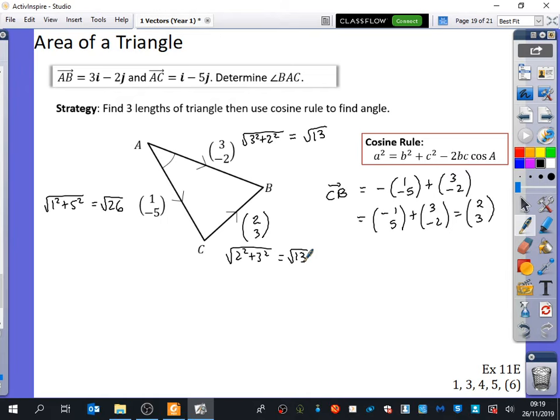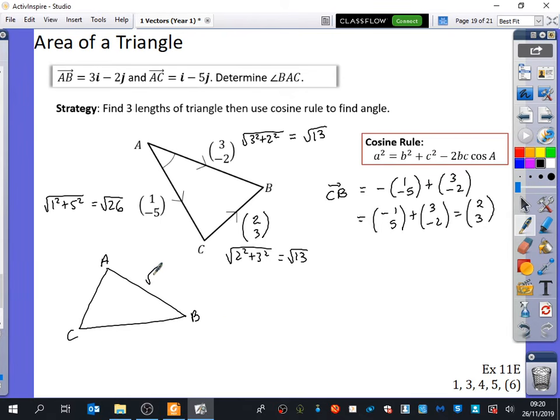Now the diagram, in my opinion, is looking pretty busy, so I would like to draw a new diagram that doesn't have all of that information on. I would just like to draw a diagram like this. I don't care if it's this shape of triangle, if it looks like an isosceles or an equilateral, it doesn't really matter because it's just a visual aid for what we're doing. So we've still got the right letters labelled.